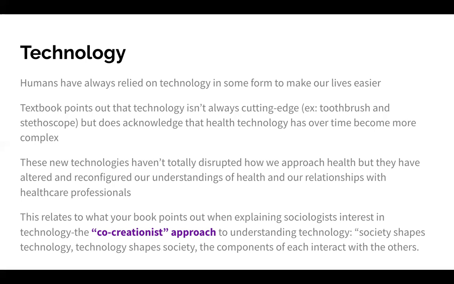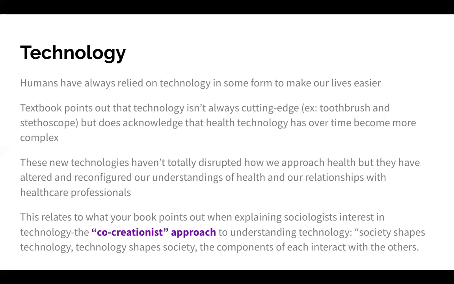Because when the book talks about why technology is a subject for sociology, they really emphasize the fact that technology is a part of social relations. It has an interactive role in human relations. And the approach that they discuss that really highlights that is what they call the co-creationist approach.